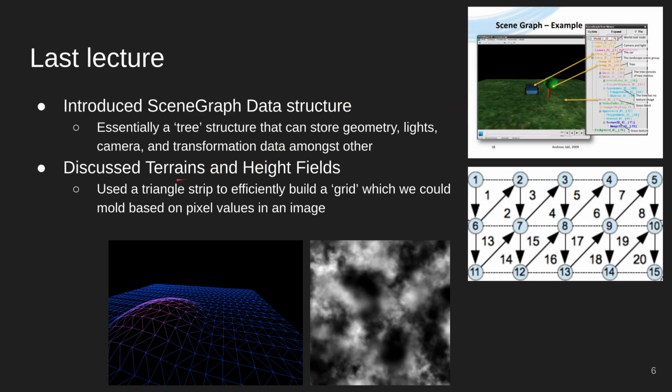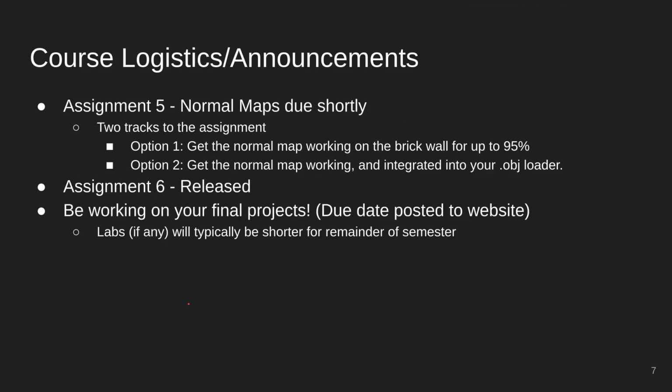And then we talked about terrains and height fields. So for instance, using a triangle strip to more efficiently render a terrain. And then we talked about this height mapping technique where you could use a height map texture to lay over the terrain to set the height values. And then we proceeded to put a color map over the terrain as well.